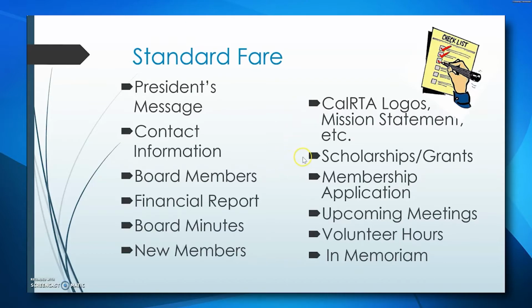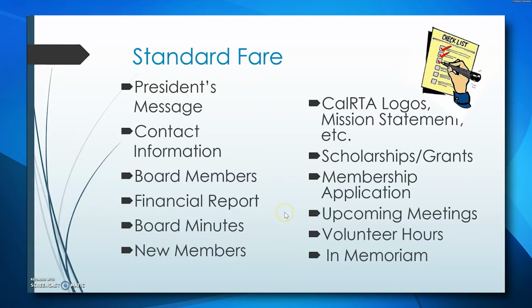Some divisions will advertise scholarships and grants, either statewide scholarships or division and local grants. A membership application or a link to membership applications on the CalRTA website are also found in many, many newsletters.